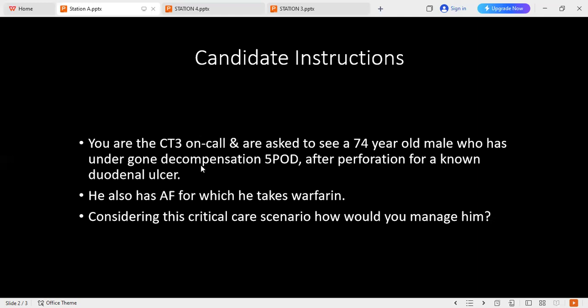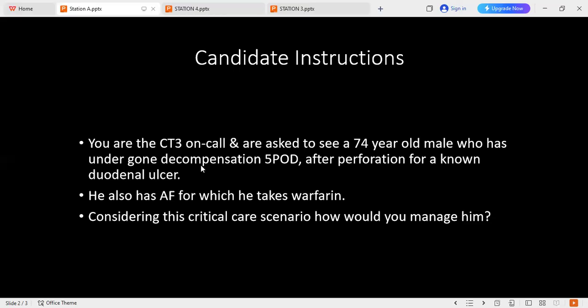If you do ABGs, arterial blood gases, what do you expect to see? Metabolic acidosis. How would you take care of that? Because when there is hyperkalemia, there is metabolic acidosis.